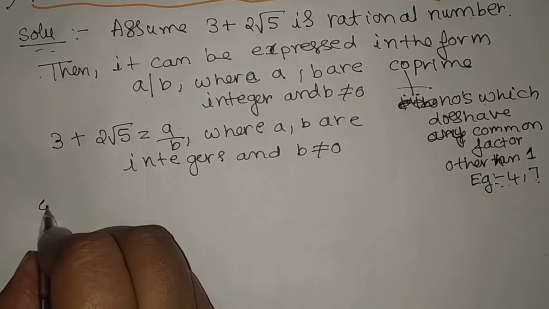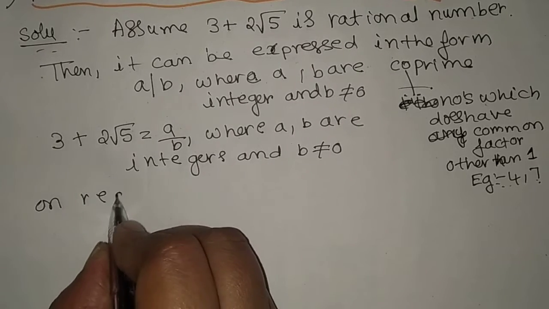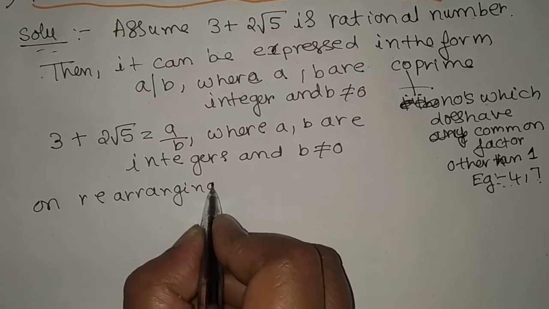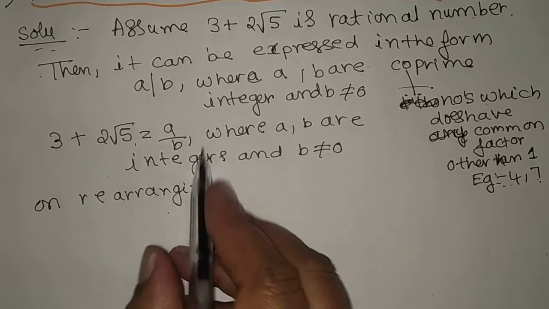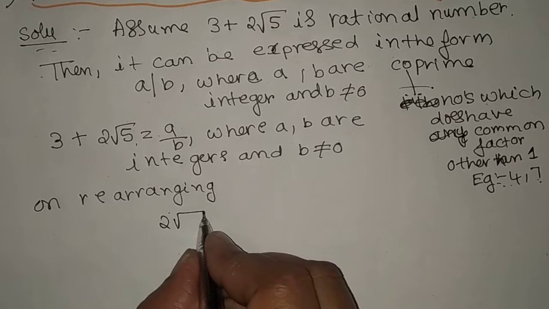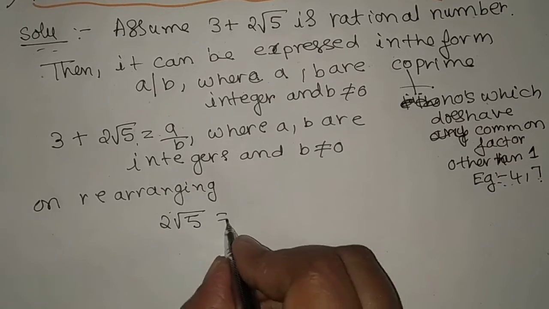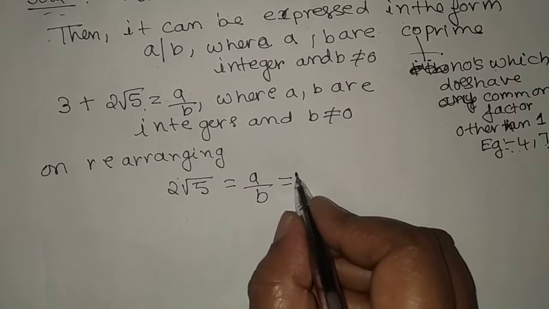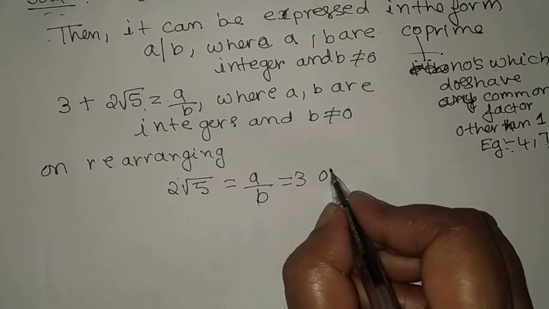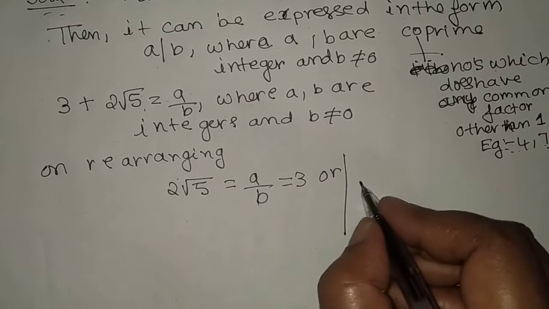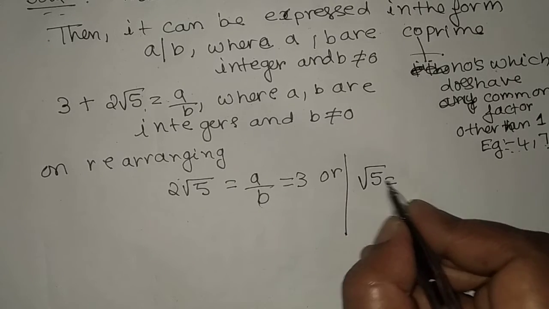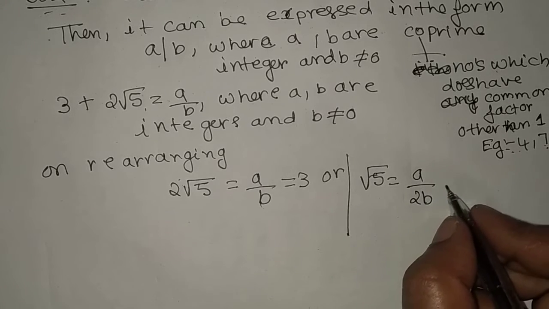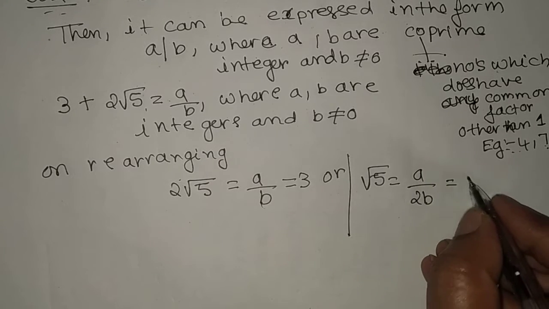So the next step is rearranging this number. We get 2 root 5 is equal to a by b minus 3, or we can also write it as root 5 is equal to a by 2b minus 3 by 2.